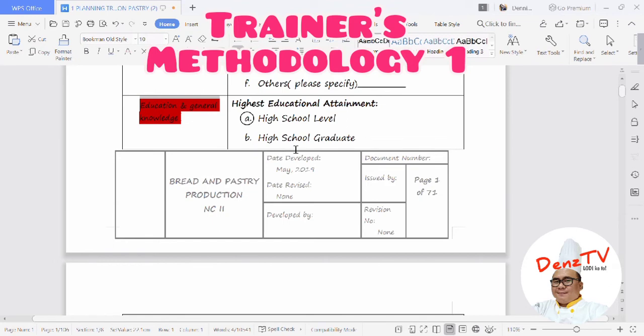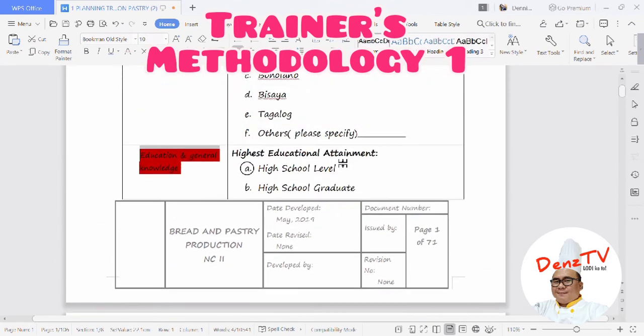Other choices here are high school graduate, senior high school, junior high school, college level, college undergraduate, college graduate.